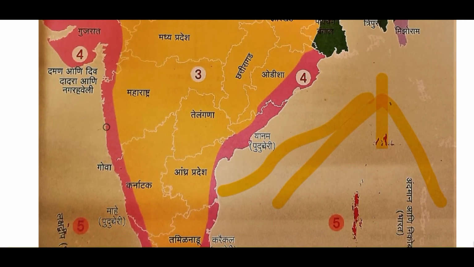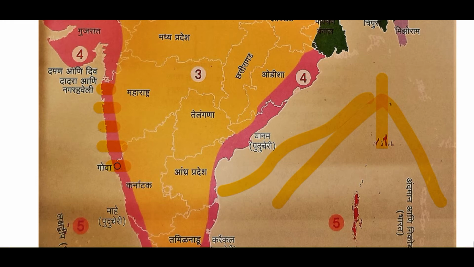Here you will see the narrow strip of the western coastal plain, and the rivers originating from the Western Ghats flow towards the west and drain into the Arabian Sea. They are very short rivers. You can see over here that this length is very short, and because of this short length and very steep slope they are very fast, very swift in nature.